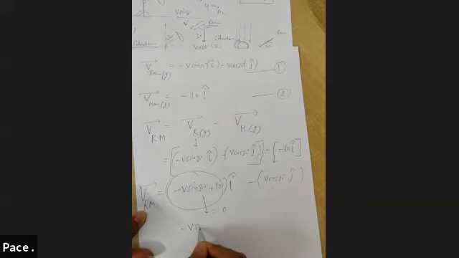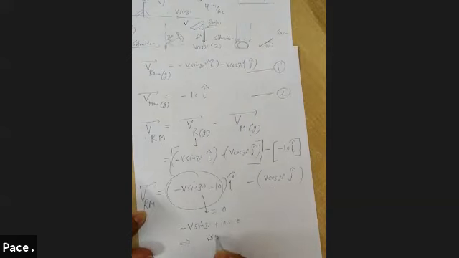So minus V sin 30 plus 10 is equal to 0. This implies V sin 30 is equal to 10, which means V is equal to 20 kilometer per hour. This is the V which we have to find out.